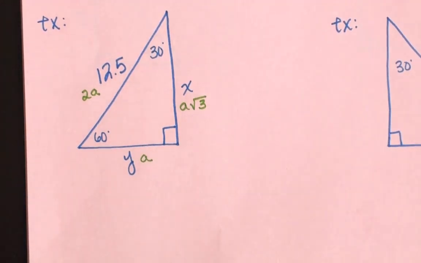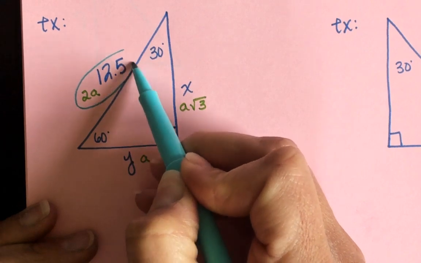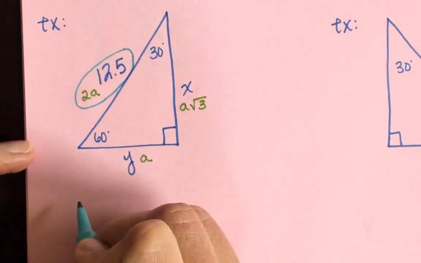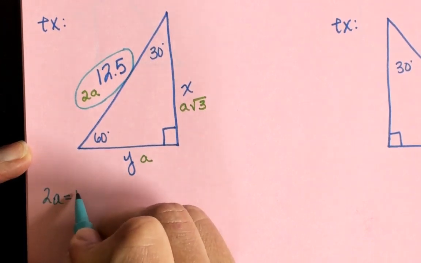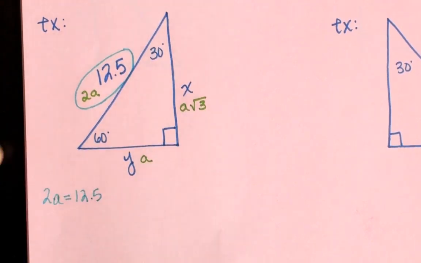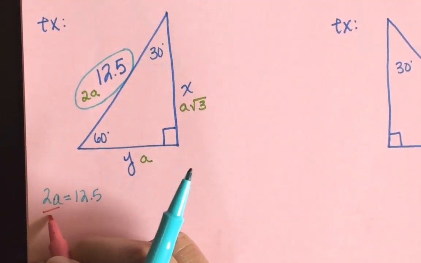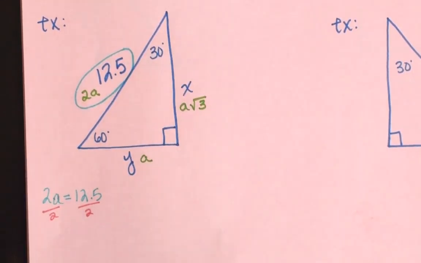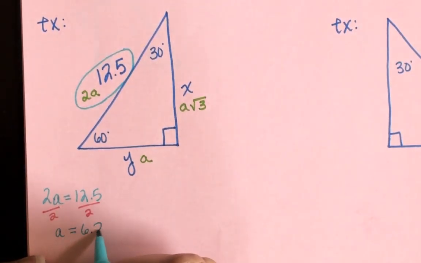First step is done. We take our formula and the given length, and we set those equal to each other. So 2A is going to be 12.5. When we divide both sides by 2, and here's where I wanted to test it myself, because 12.5 divided by 2 is going to get us 6.25.